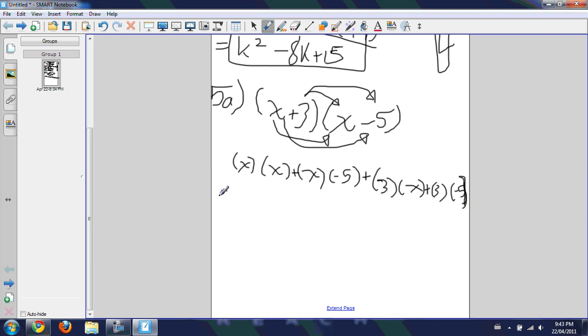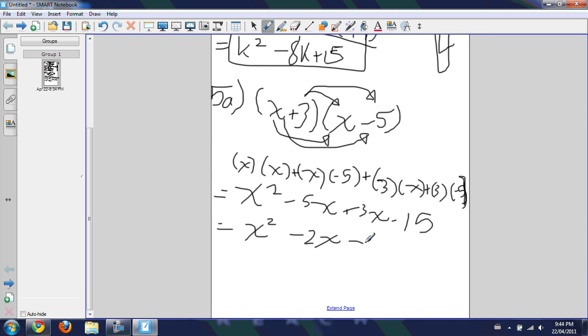So, and then when you do this, it'll become x squared plus, sorry, again, it'll be minus 5x plus 3x and minus 15, which would then equal x squared minus 2x minus 15.